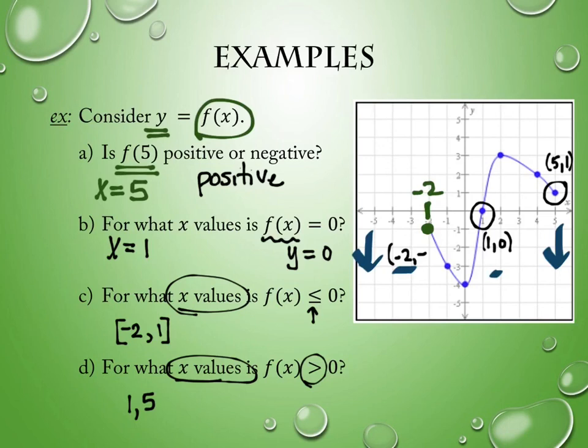So will I get to use a parenthesis or a bracket next to the 1? It's a parenthesis, because it can't equal 0. It just has a greater than sign. But on the point 5, I'm still above the x-axis, right? And I have a closed dot. So I can equal that particular point 5. I'm not back on the x-axis. I'm still above.